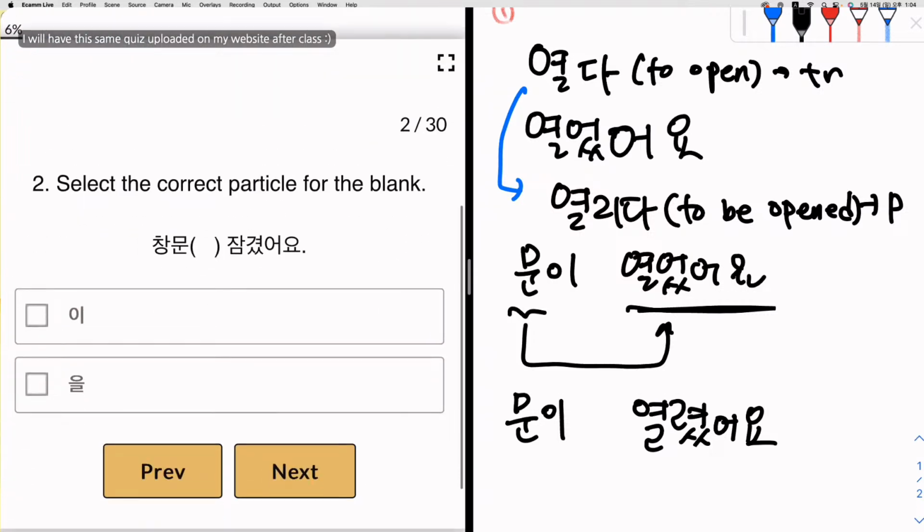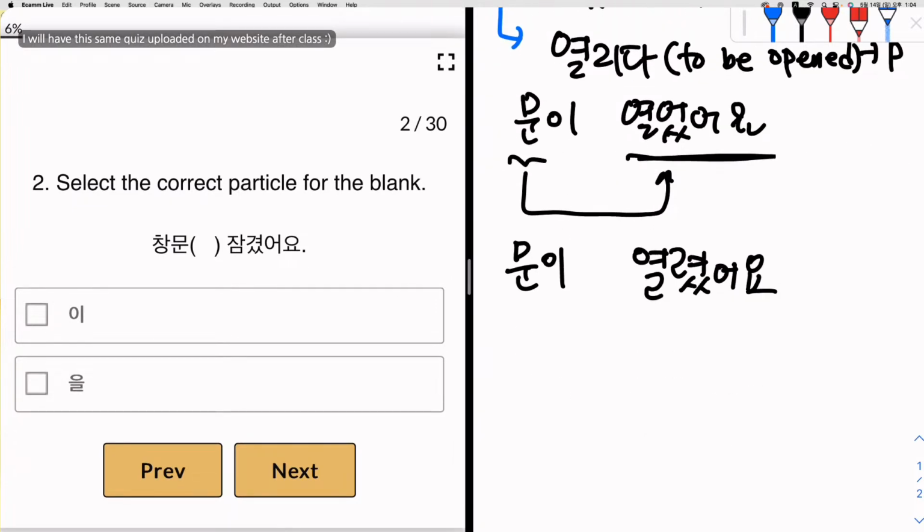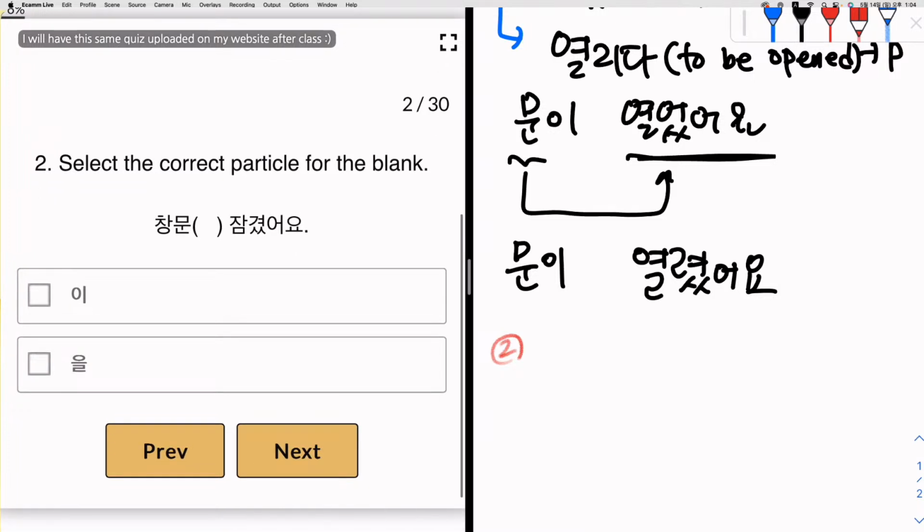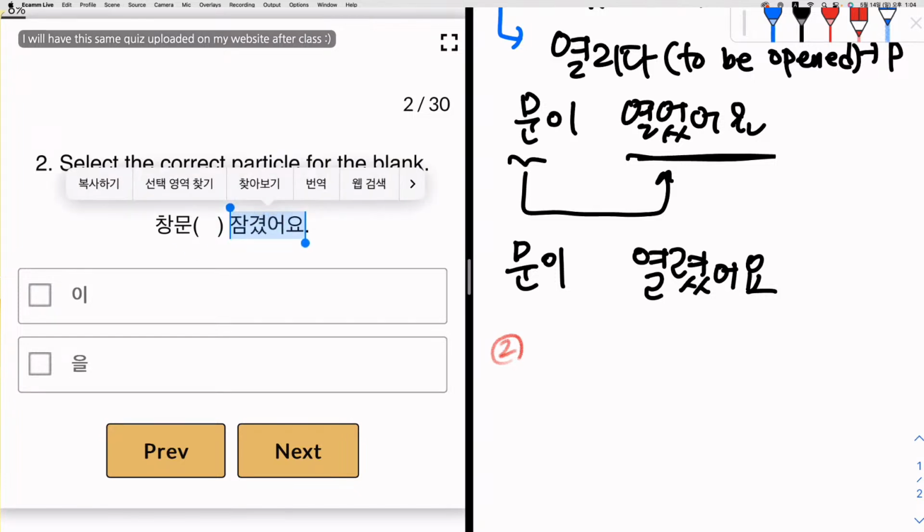그 다음에 let's look at number 2. So another particle question. 창문 blank 잠겼어요. So this time as well, to figure out the correct particle for 창문, we would first need to know what type of verb 잠겼어요 is, right? Do you guys think 잠겼어요 is a transitive verb or passive verb?